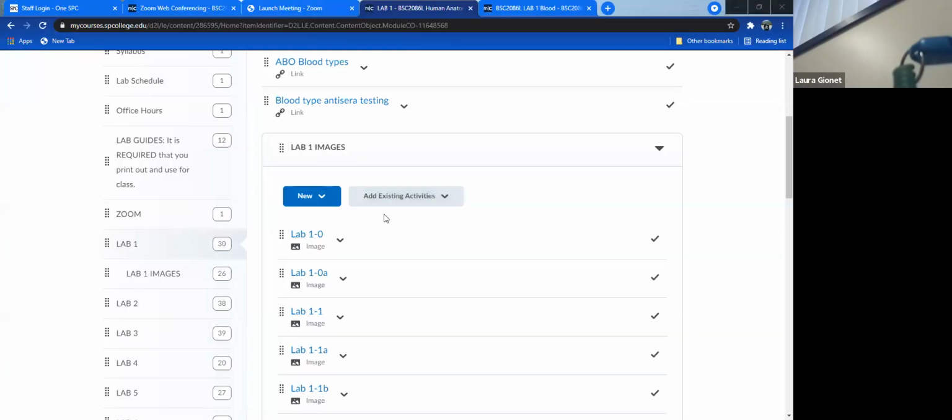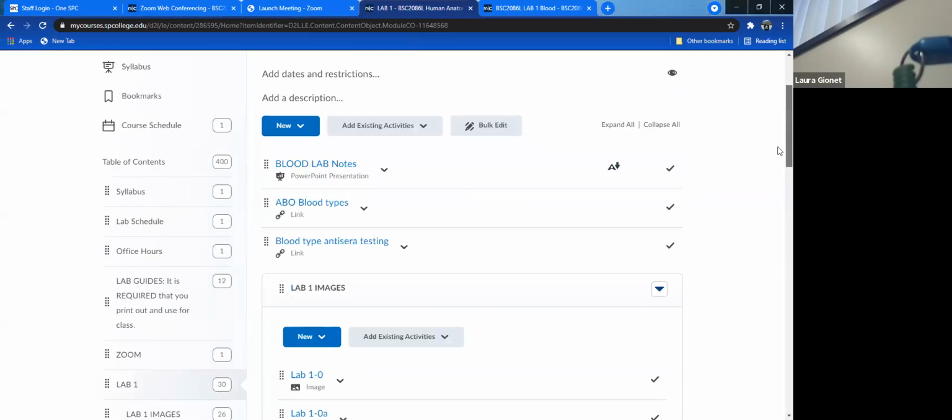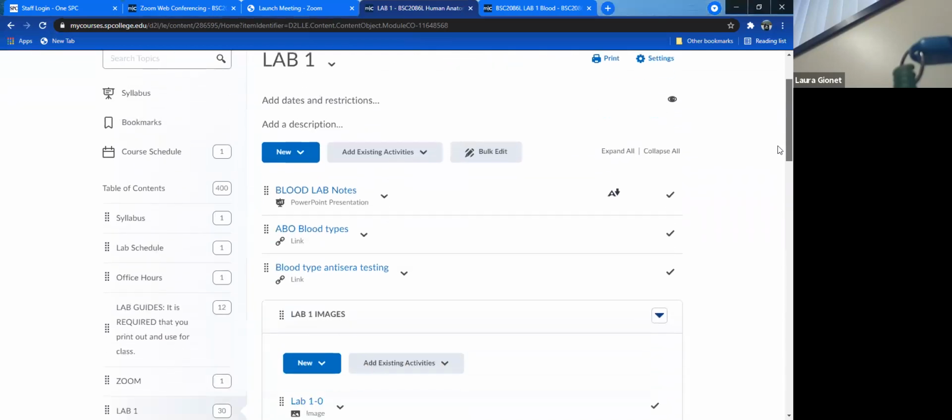Okay, so you should be, hold on, let me just change my share. Okay, so I'm going to re-share this page because I went. All right, so I am back on the course page. All right, I'm over here onto the left-hand side.